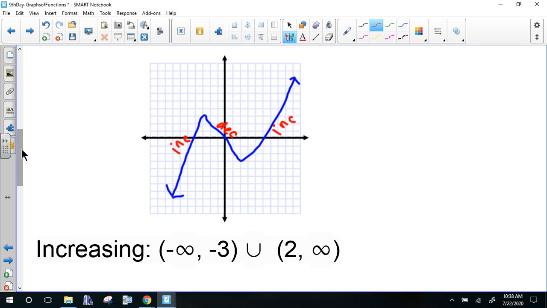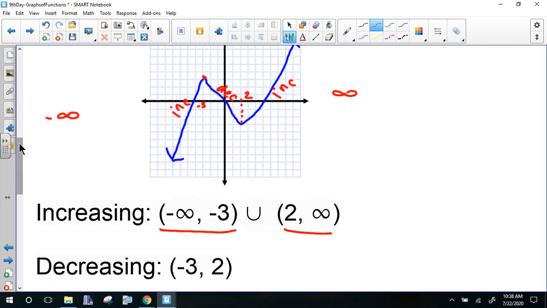So this graph is increasing from negative infinity all the way to this x value, which is -3. So negative infinity to -3 is an increasing section. Here, from 2 to infinity, it's increasing again. So 2 to infinity, there's two sections that increase.